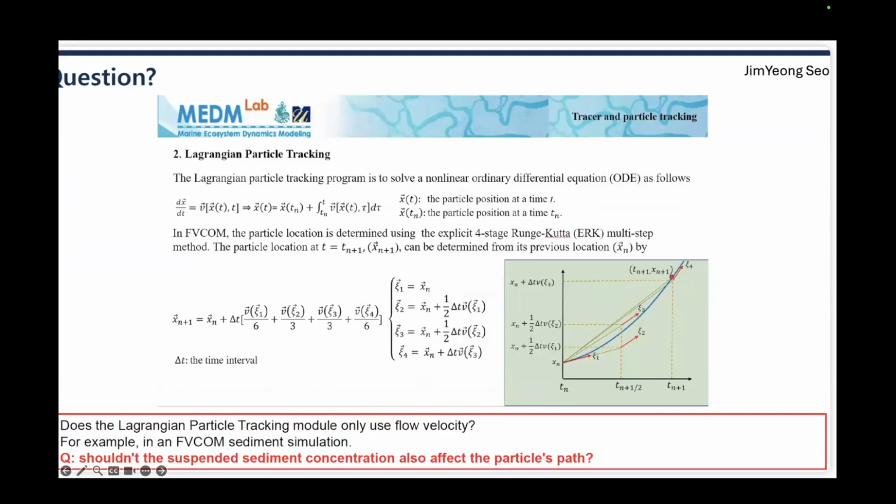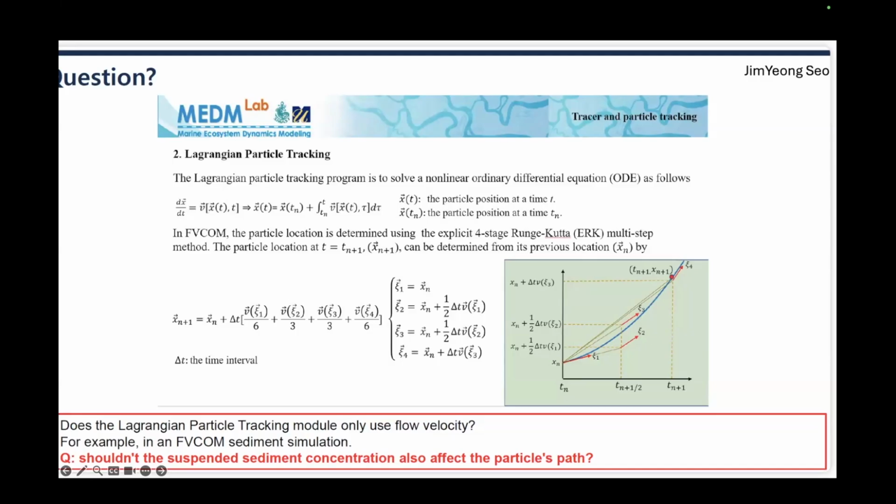I studied for this lecture, and Lagrangian particle models follow this equation. I have a simple question. This equation shows only the position of the particles, affected only by velocity.